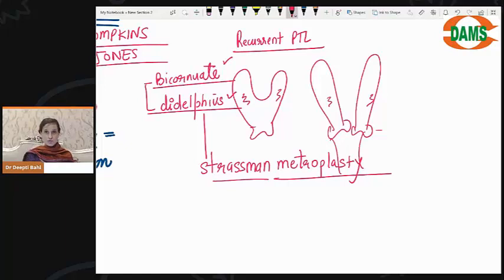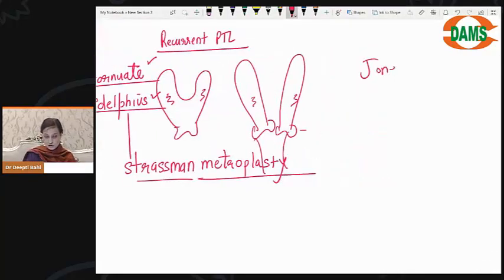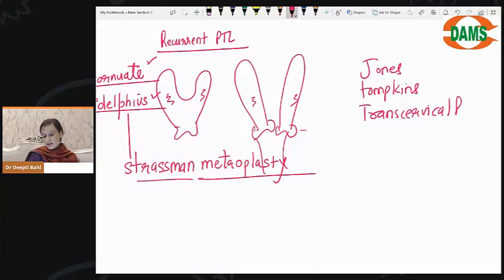MCQ. All the following are surgeries for septate uterus except: A, Jones; B, Tompkins; C, Transcervical surgery; and D, Strassman surgery.